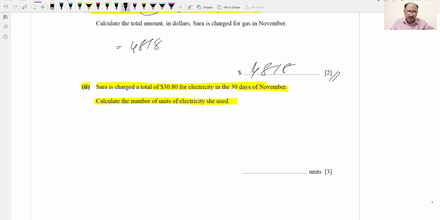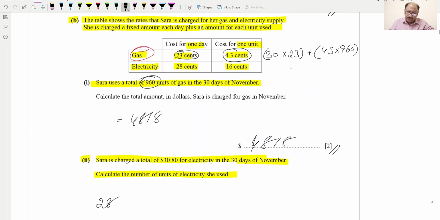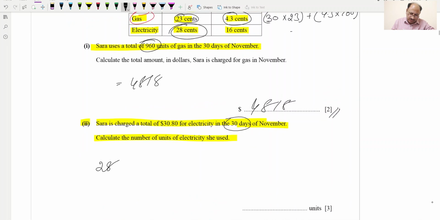Per unit, this is 28 cents per day, so 28 cents for 30 days. So we can multiply 28 by 30, and this is 16 cents per unit, but we don't know the units, so we can take x as units.